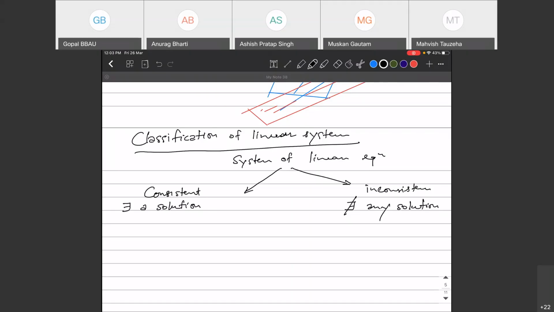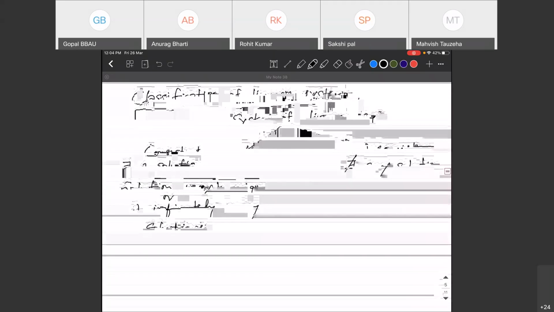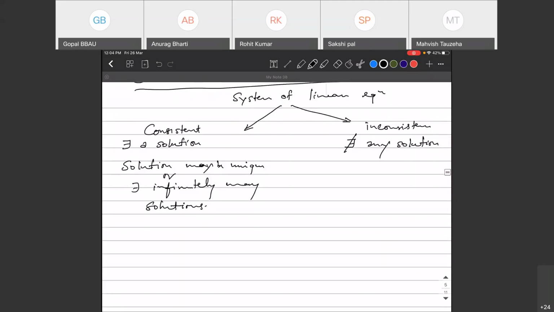In a consistent system, the solution may be unique, or there may exist infinitely many solutions. So this is what we have seen yesterday.